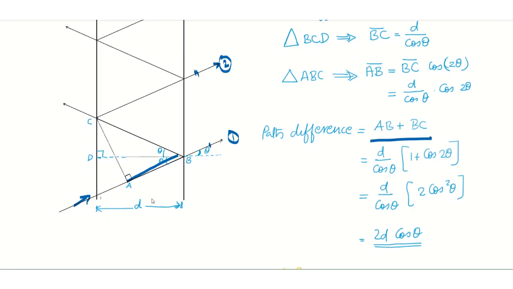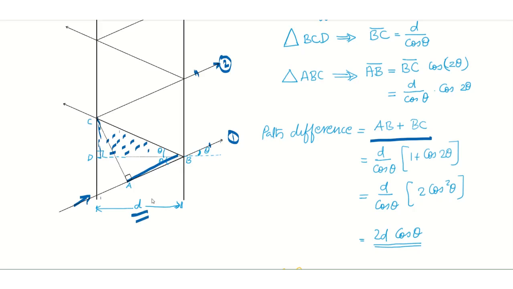Now, the triangle BCD, this triangle here, and the triangle ABC are used, with some trigonometric arguments. If you do this, BC is d by cos theta. BC is this diagonal here, and that will be d by cos theta, where d is the separation.